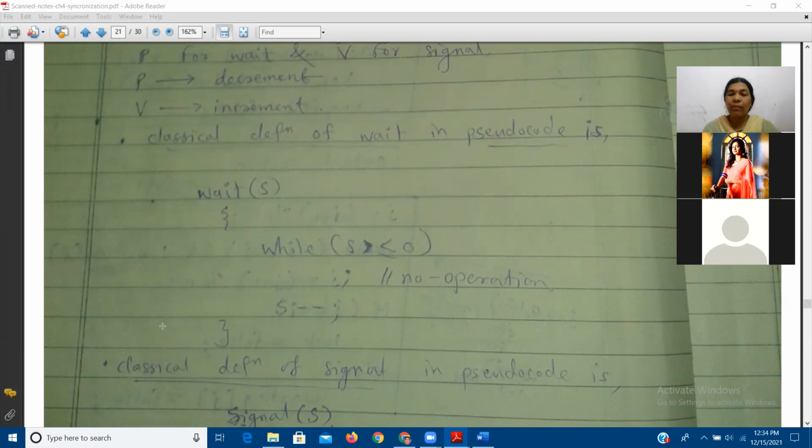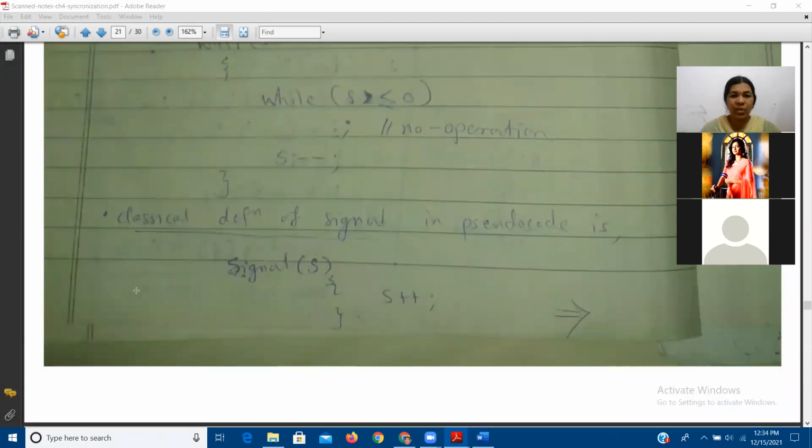Here, for example, the condition is taken as S less than or equal to 0. Don't be confused, this is not a standard condition. You may set your own condition, so it totally depends upon the application. This is about the wait operation.